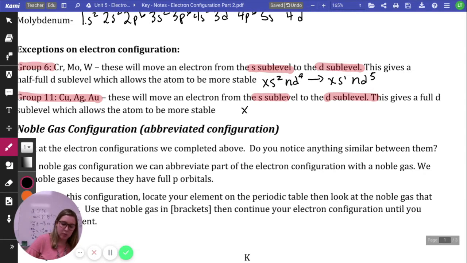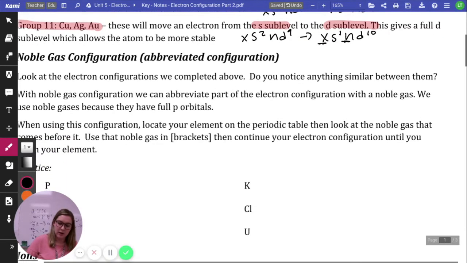So it would look like XS2 and then whatever sublevel D9, but it's going to move one of those from the S sublevel, so we end up with XS1 in D10. Again, these numbers are just representing whatever energy level they're on, the X and the N.